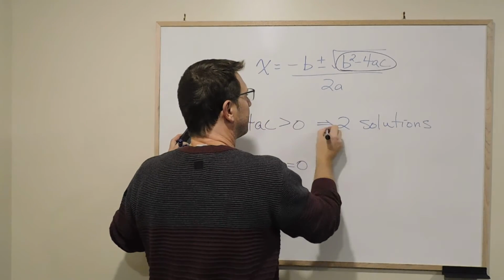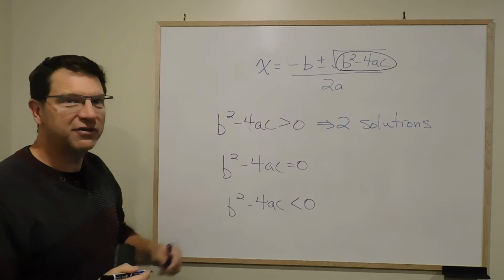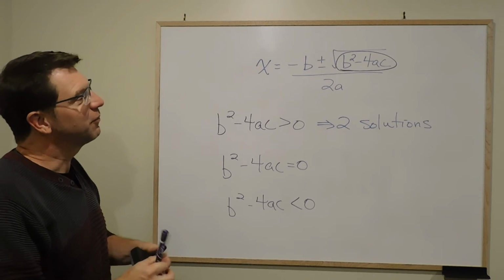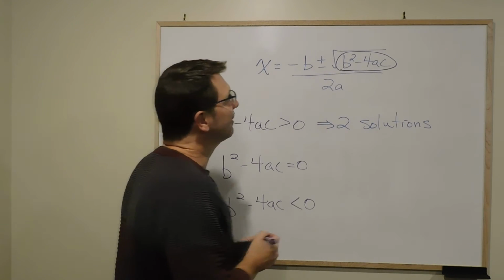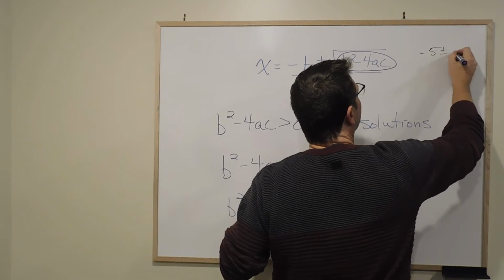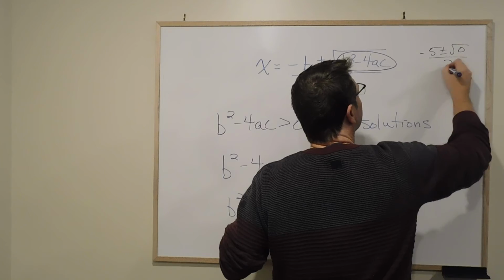Okay? Now, if it's 0, what if it's 0? Well, then you might end up with negative 5 plus or minus the square root of 0 over 2.